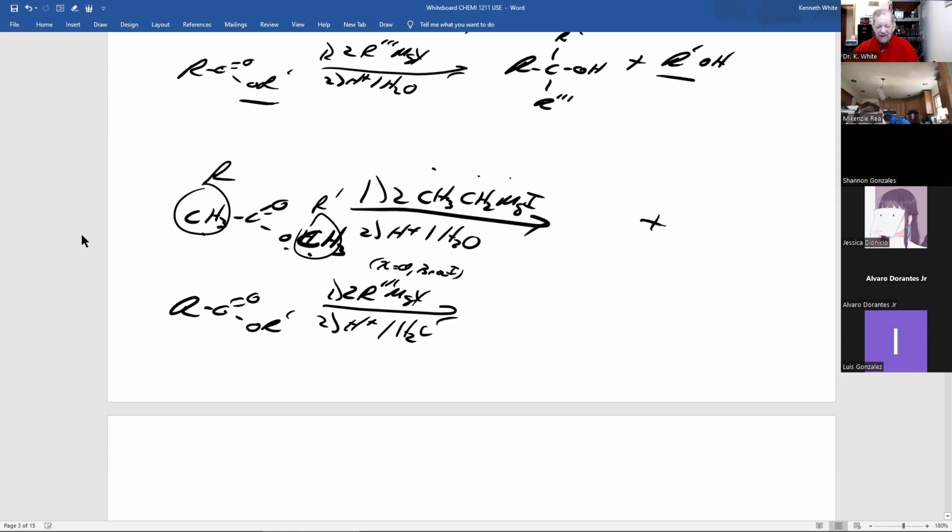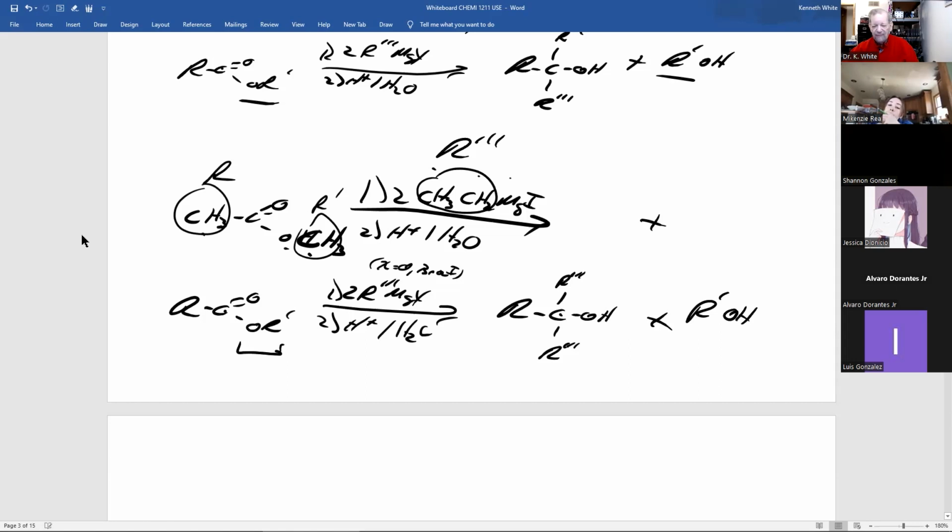Keep your eye on the carbonyl carbon. What's attached to it comes off as an alcohol. Then you make not one, but two carbon-carbon single bonds from the Grignard, and this part gets kicked out to another alcohol. What's our R triple prime? Ethyl.